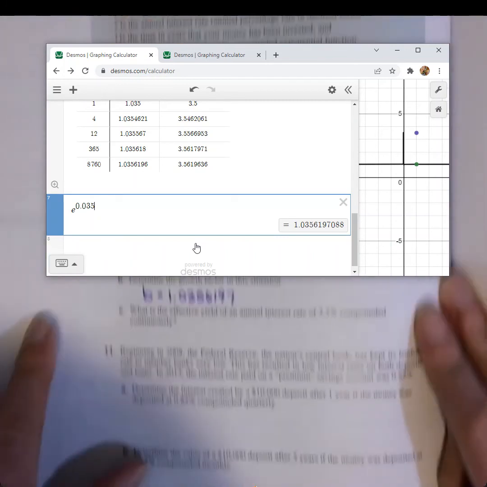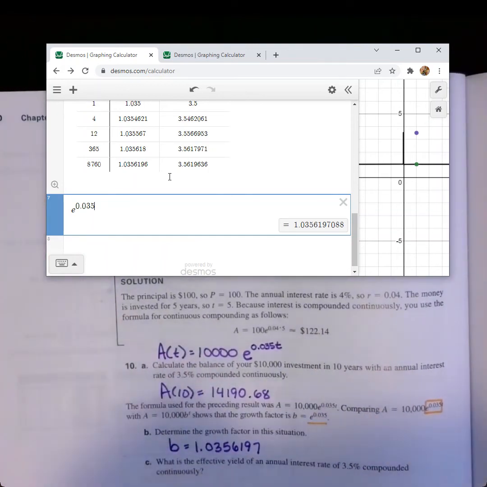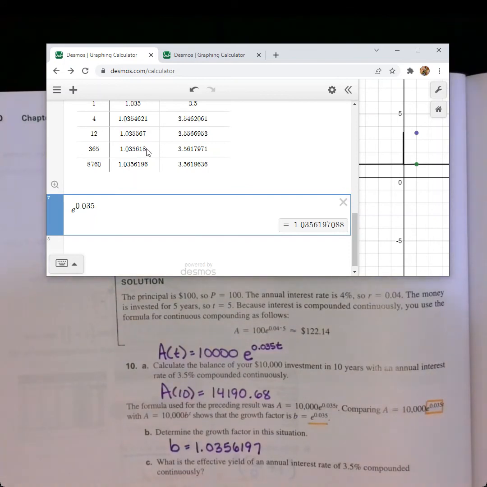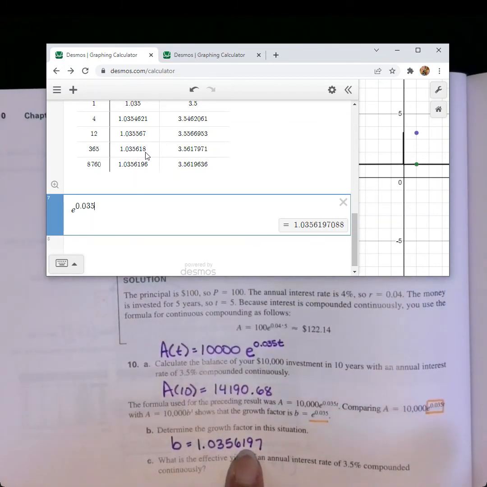Now it's 1.03519. Hold on, that looks a little smaller, so I've got to compare up here. For 365, it wasn't exactly 62, remember it was 618, and so this one is 61897. So it is bigger if I make sure to keep enough places to be able to compare them.